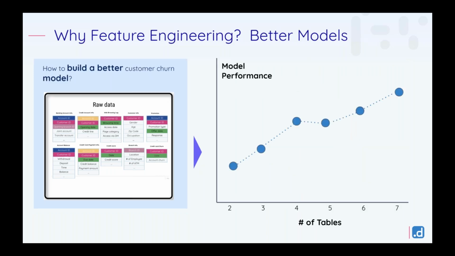The other reason why feature engineering is important is better models. Obviously, we all know that in the field of data science, more data often results in a better model.